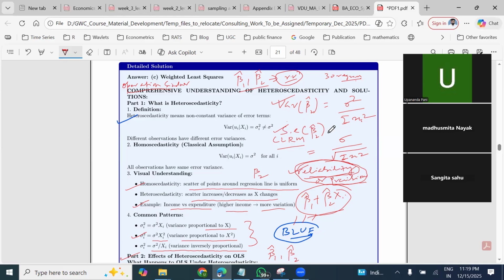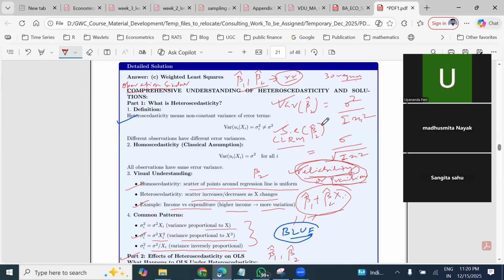Basically, in statistics, the precision of an estimate is measured by its standard error. Standard error is nothing but the standard deviation of the sampling distribution of the estimator. Clear, Madhusmita? Yes, sir, but I have a doubt.